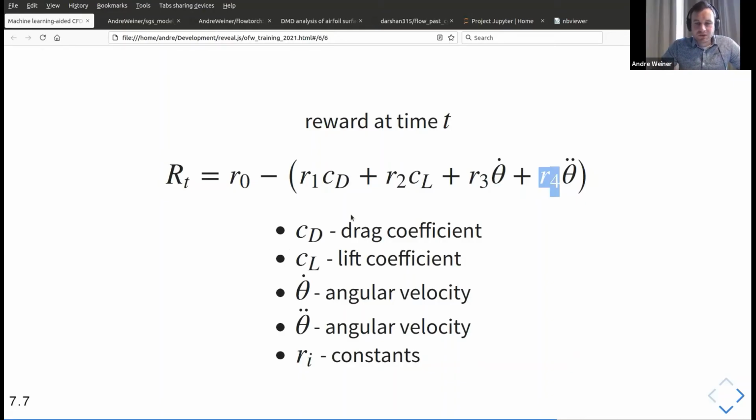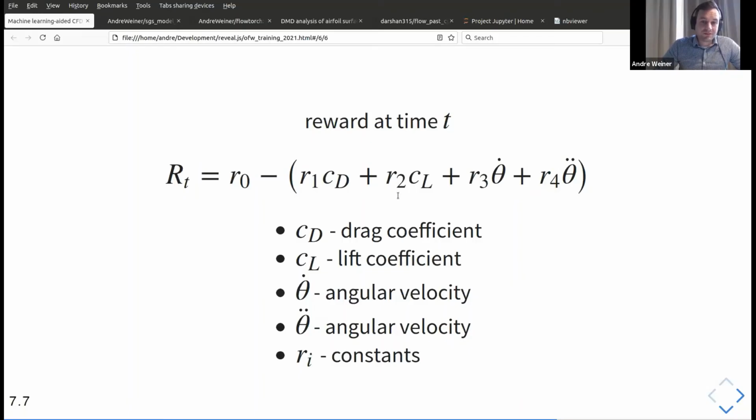But we have found that the last two terms are not really sensitive to the particular constants that we chose. And for the other two constants, R1 and R2, there's also some range in which the result is relatively robust to those constants.